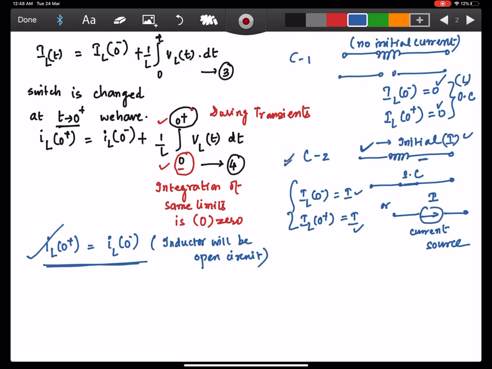Let us say we have to find the final value for the inductor. We know that VL(t) is equal to L di/dt.